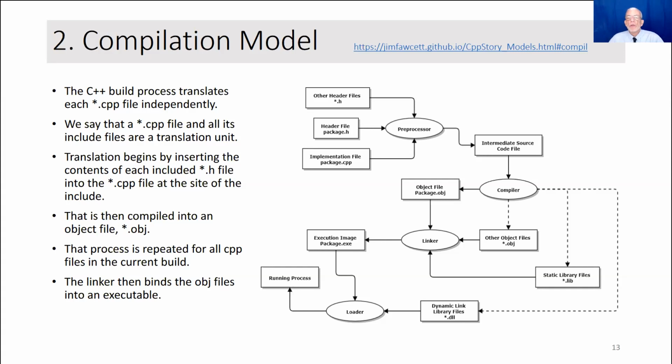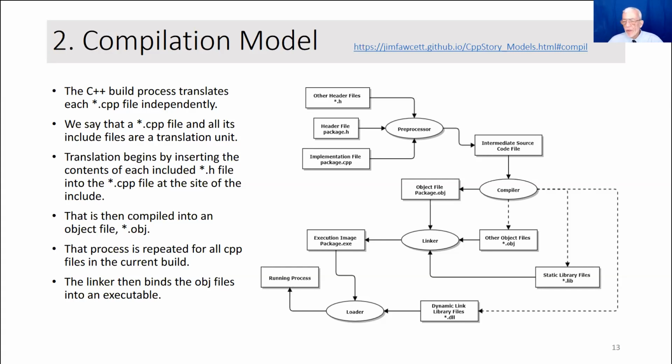What happens during this translation is the first thing that runs is a preprocessor. So it picks up a CPP file, and for each of the #include header files defined by that CPP file, it puts those header files in place at the site of the #include.